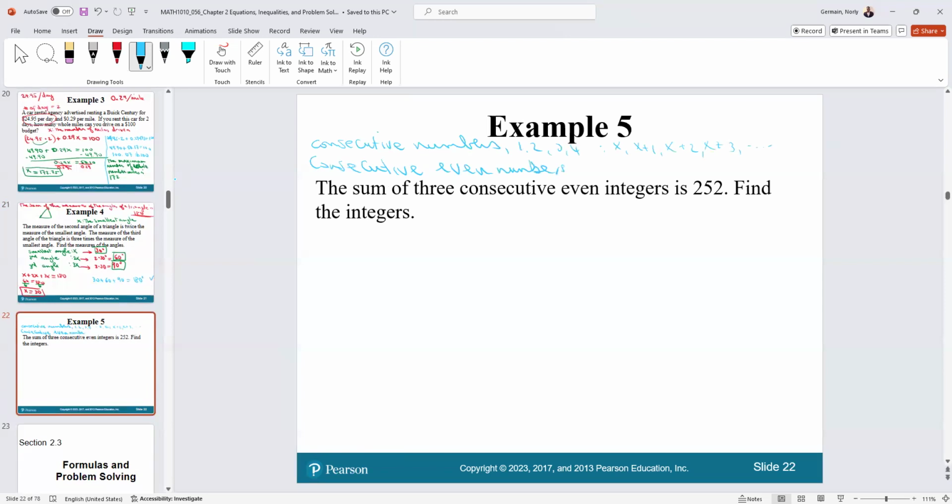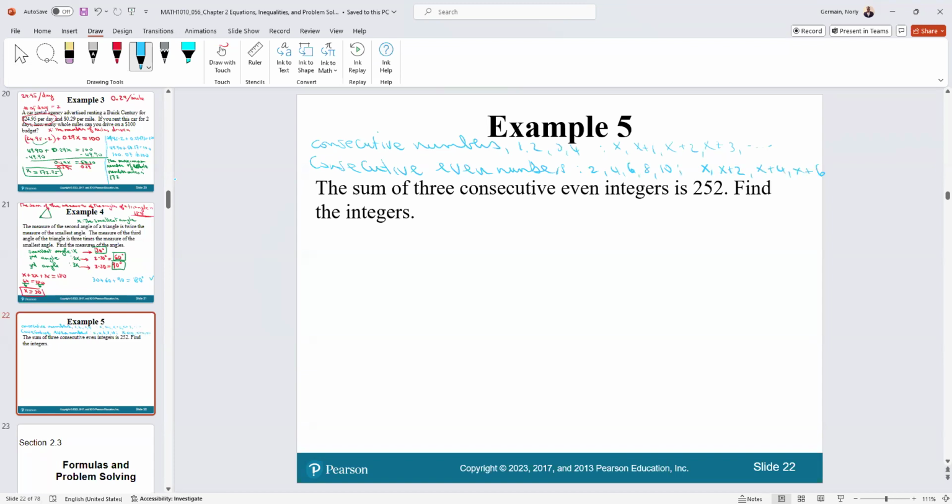I'm going to put only the positive ones, okay? So we said even. What is the first even number? Yes, that's 2, 4, 6, 8, 10, etc. So if the first one is x that you don't know, the second one would be what? Yes, x plus 2. Each time you add 2 to find the next even number.